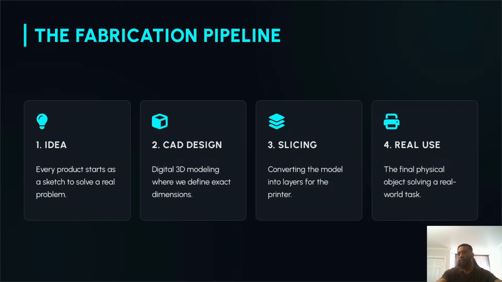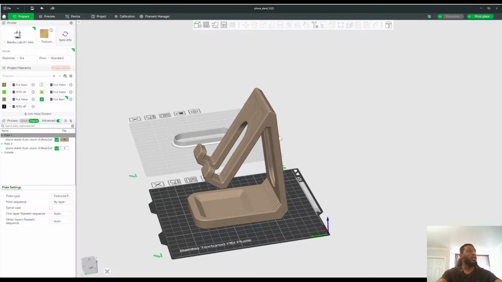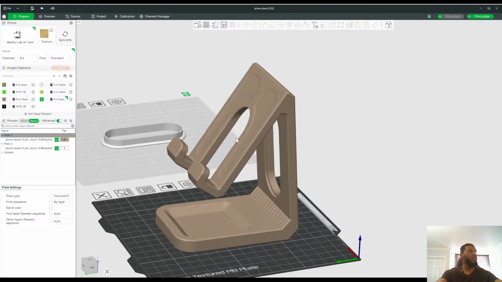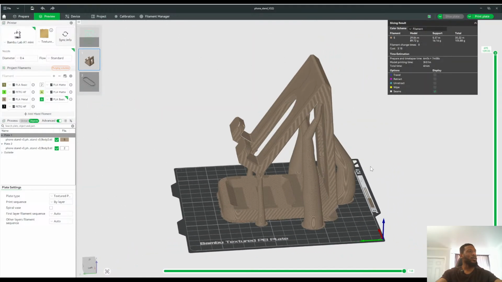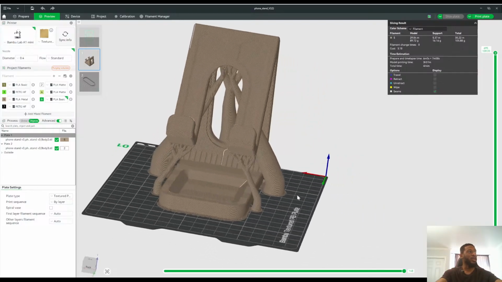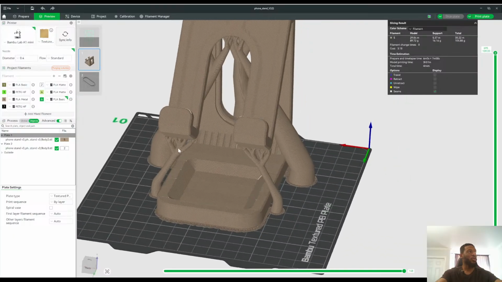If I go into Bamboo Studios and show you what I mean, you should be able to get a better understanding. When I say slicing, we have this foam stand right here, and I want to check the layers. The reason why these were added is called supports.